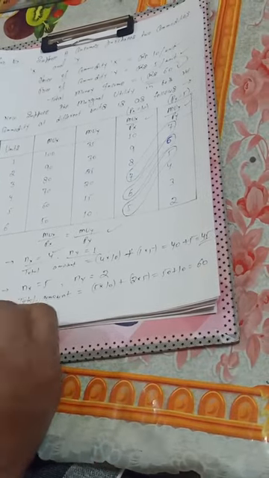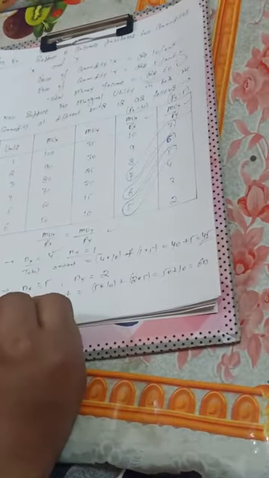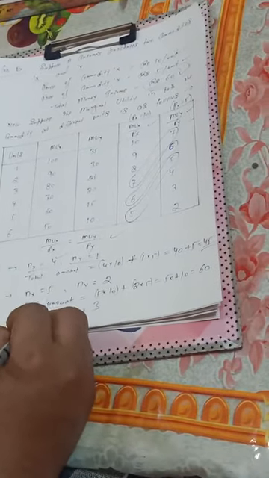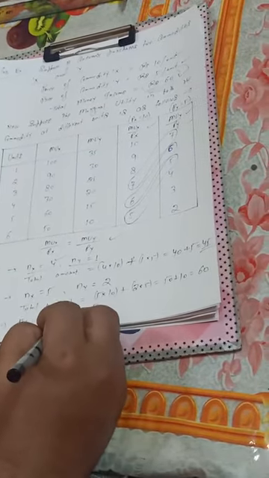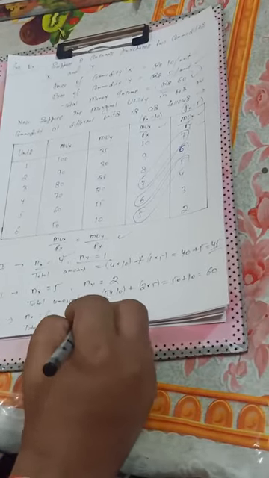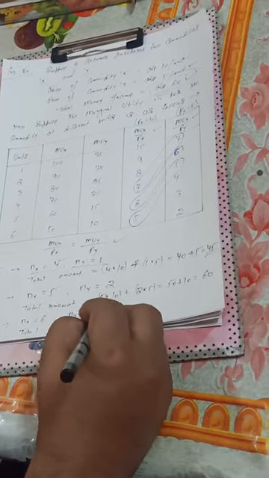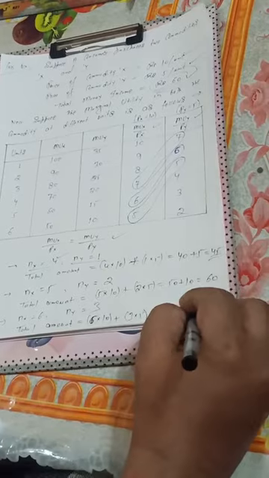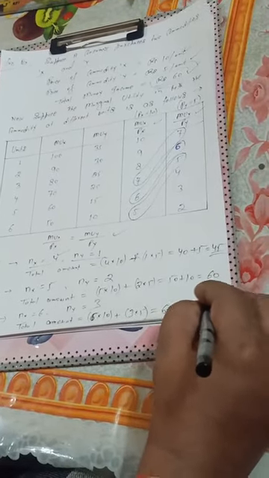Third case: Nx is 6 and Ny is 3. Calculate the total amount: 6 into 10, 60, plus 3 into 5, 15. That is equal to 75.